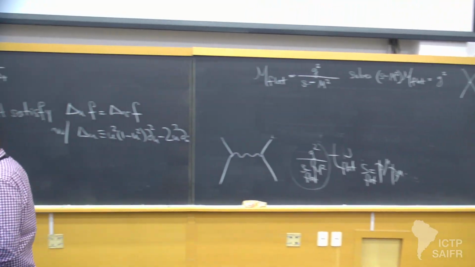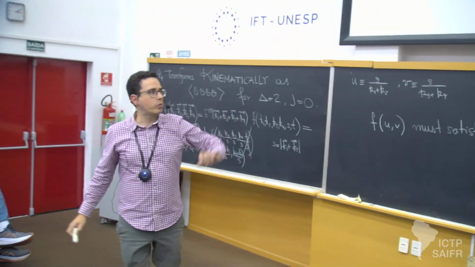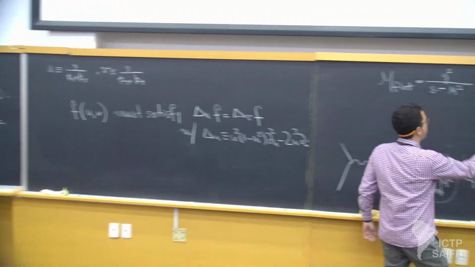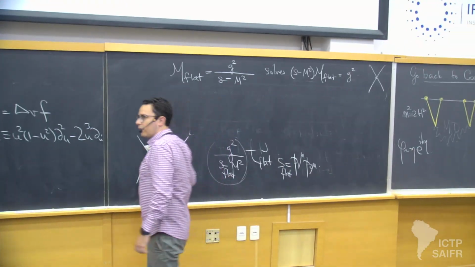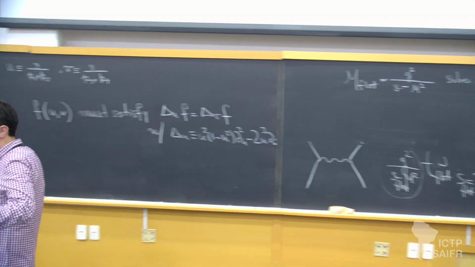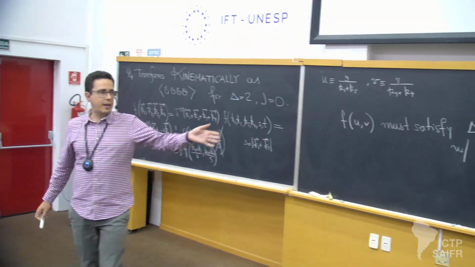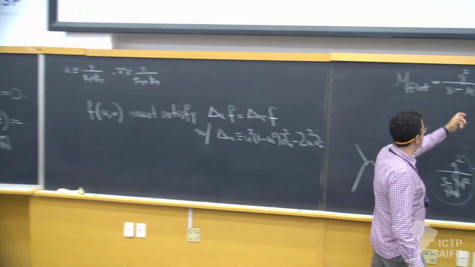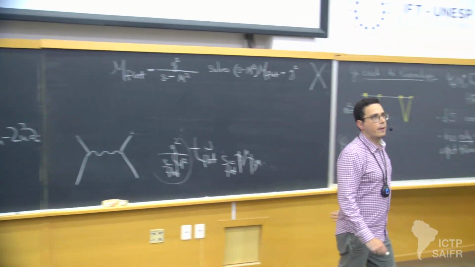So s minus m squared is essentially the operator that kills the propagator. Because I can boost to the center of mass frame, it's an algebraic equation, trivial to solve. The only non-trivial bit is where to put the i epsilon.